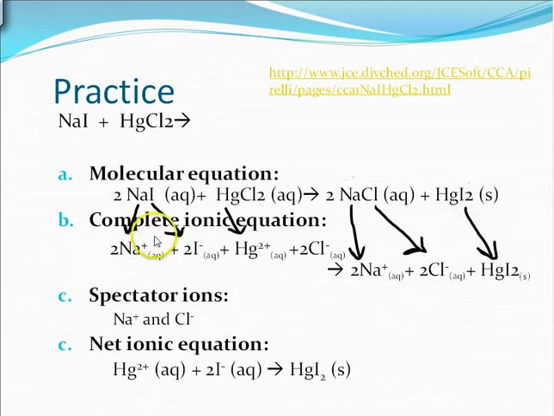Then you'll notice that Na+ is a spectator and Cl- is a spectator ion, so you write them here. And then your net ionic equation is whatever's left. And you can write this in any order. You can write the iodine or the mercury ions first. I wrote Hg2+ plus 2I- makes 1 HgI2 solid.